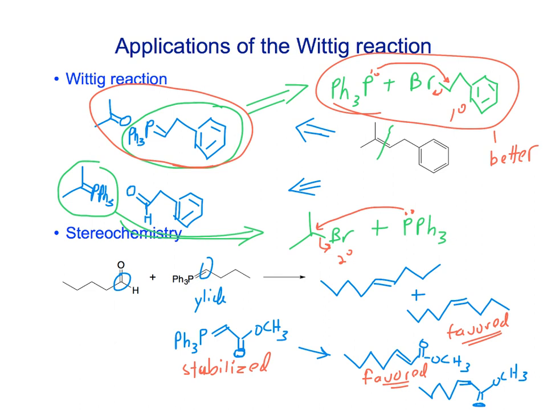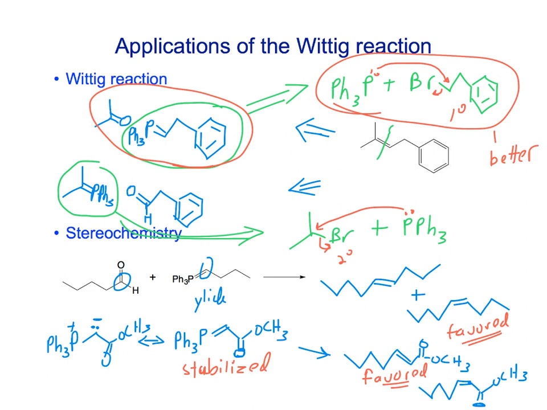And we could even understand this even further if we drew a resonance form, the normal resonance form of the ylide, would be like this, which would have the electrons here and a plus on the phosphorus. Okay? And so now look at the minus, that non-bonding pair of electrons is next to the carbonyl.